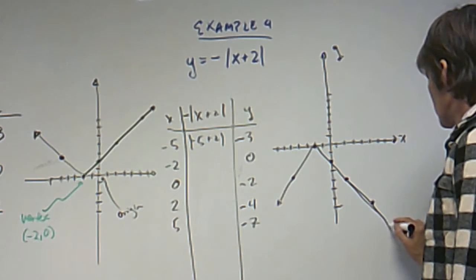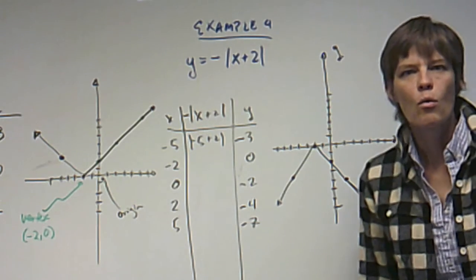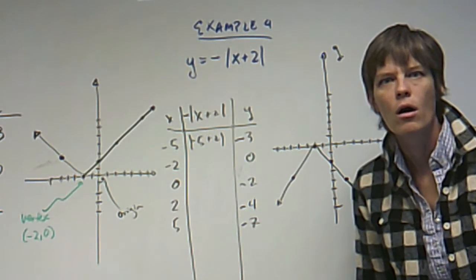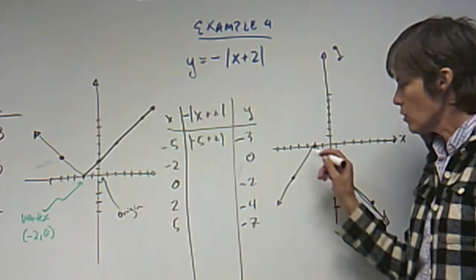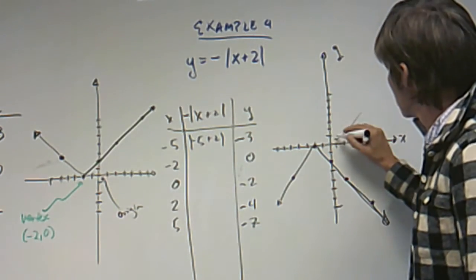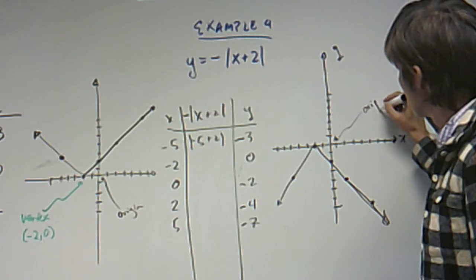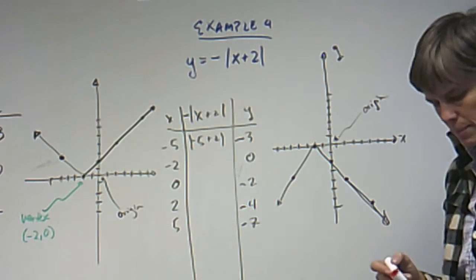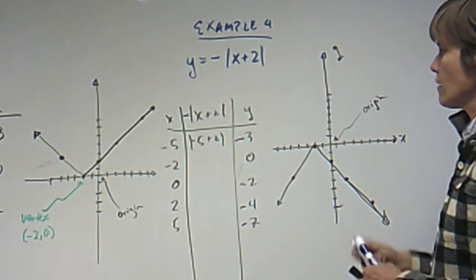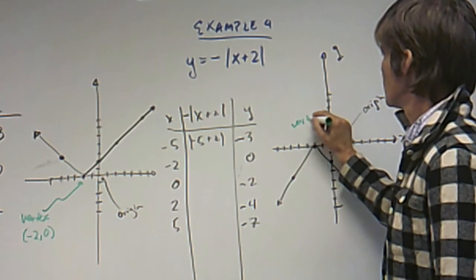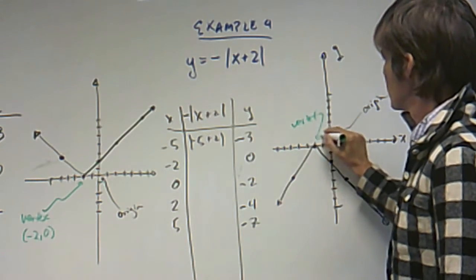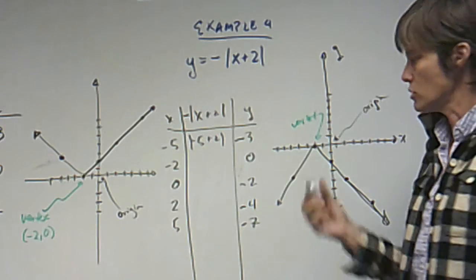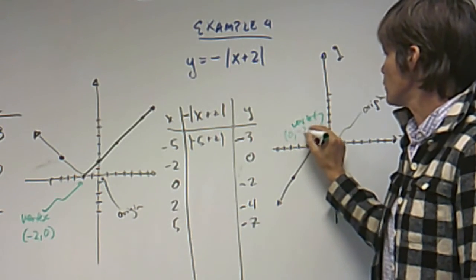Whoa! Whoops. Well, so hold on. This is still the origin, right? The origin's always there. And this is our vertex. And the vertex didn't change, did it? It was still 0, negative 2.